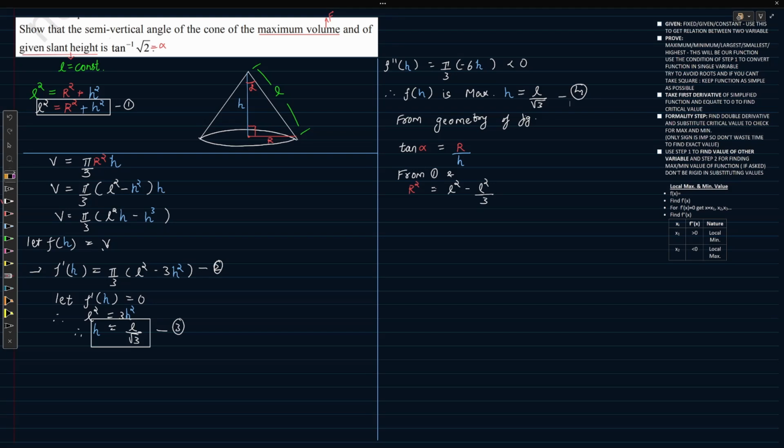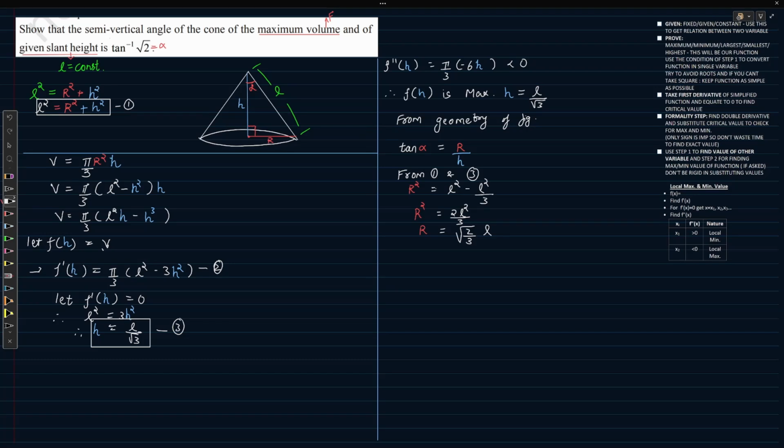From 1 and 3, we can say R square equals 2L square by 3, which means R equals root 2 by 3 of L.